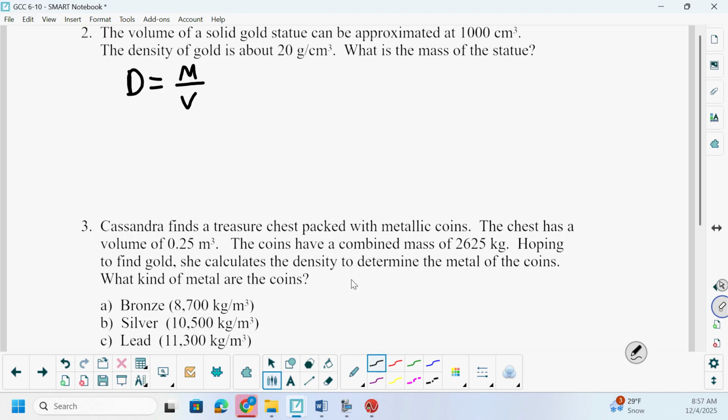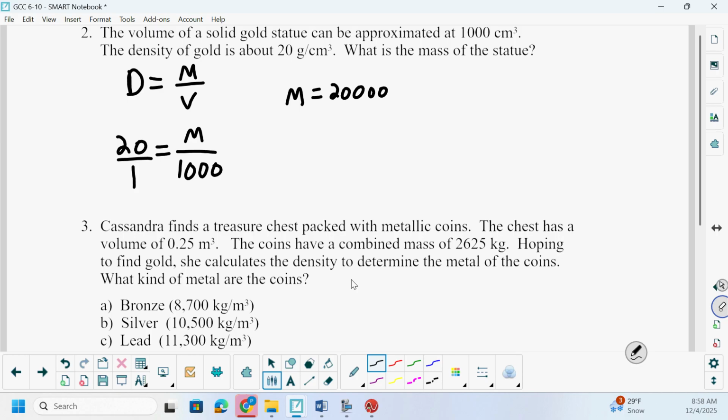Well, we don't know the mass, so we're going to be solving for m, but we should be able to just fill in the other spots. The volume was 1,000. The density was 20. And we can just simply put the 20 over 1 and cross multiply. And we'll get that our mass is just 20,000.